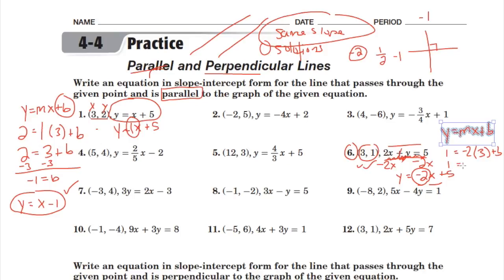So we get 1 equals -6 plus b. Add 6 to both sides, 7 equals b. So my final equation that is parallel to the one given and passes through that point is y equals -2x plus 7.